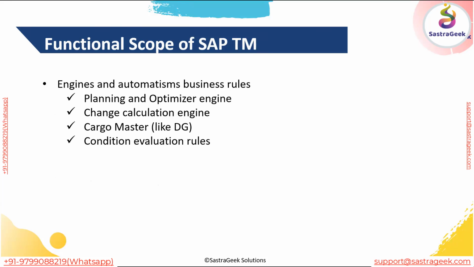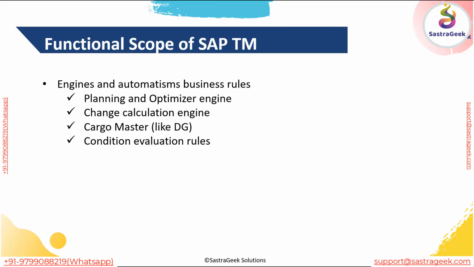Then we have a few engines, or you can say business rules, that help to decide how we should do it. In planning, we have the planning and optimization engine that is utilized in the transportation cockpit. Then we have the charge calculation engine that is utilized in charge management. Then we have cargo master, which is a duplicate entry, ignore it.